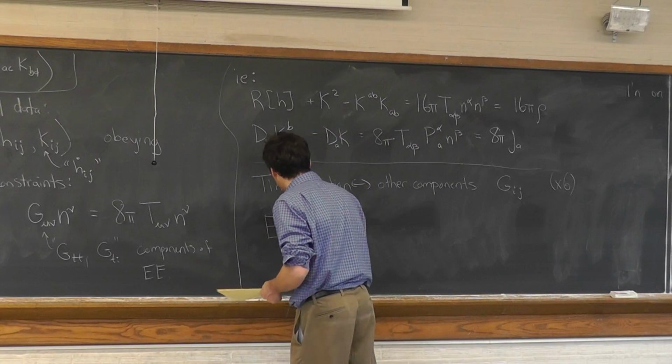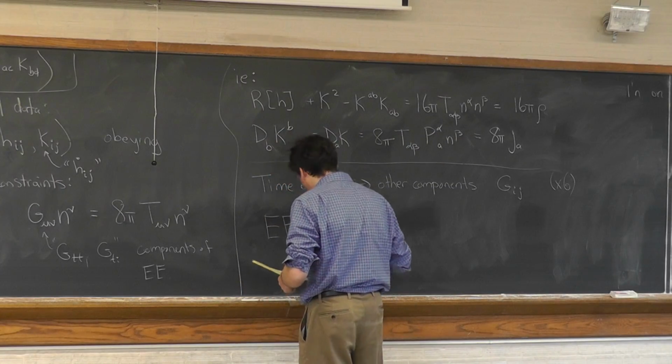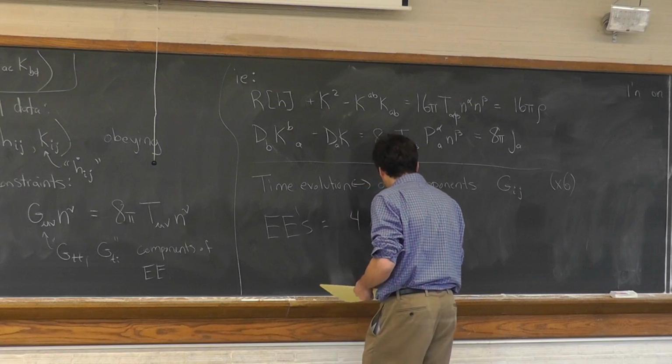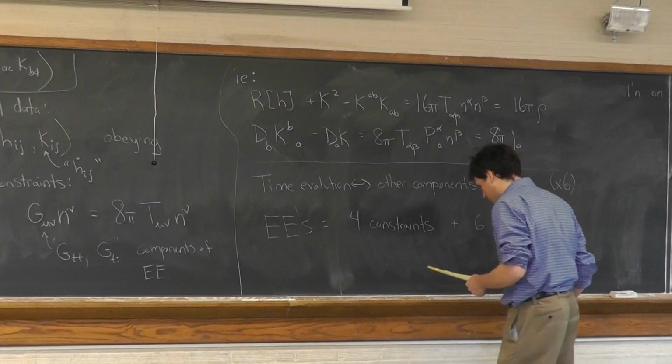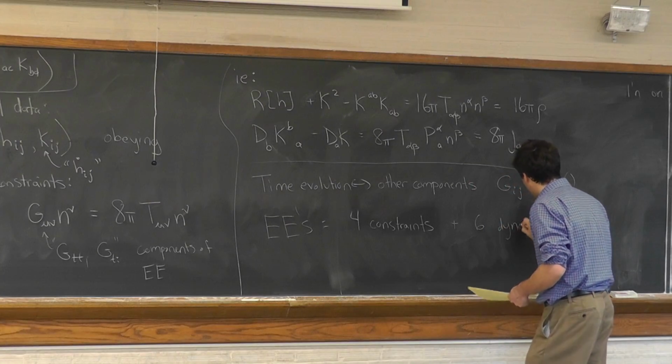Einstein equations equal 4 constraints plus 6 dynamical.